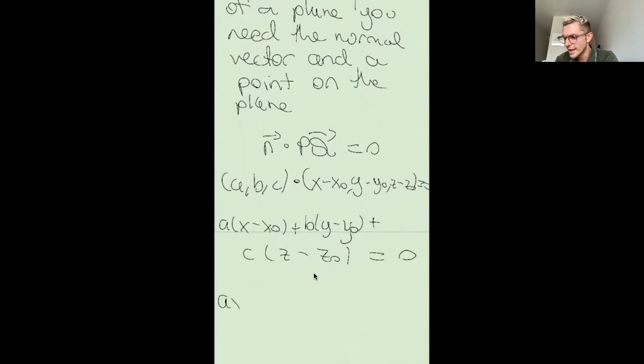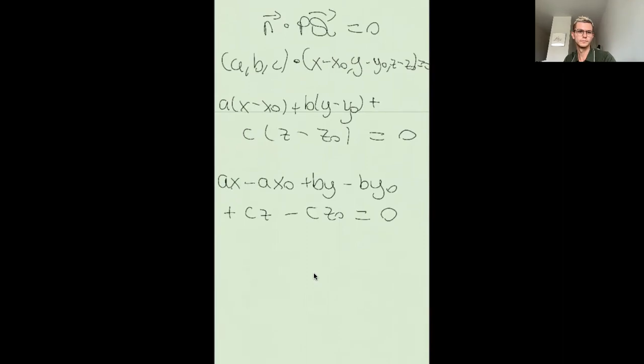And so this is the same as ax minus ax naught plus by minus by naught plus cz minus cz naught equals 0. Is that okay? And so all these things you move to the right-hand side so that the equation looks a little bit nicer.